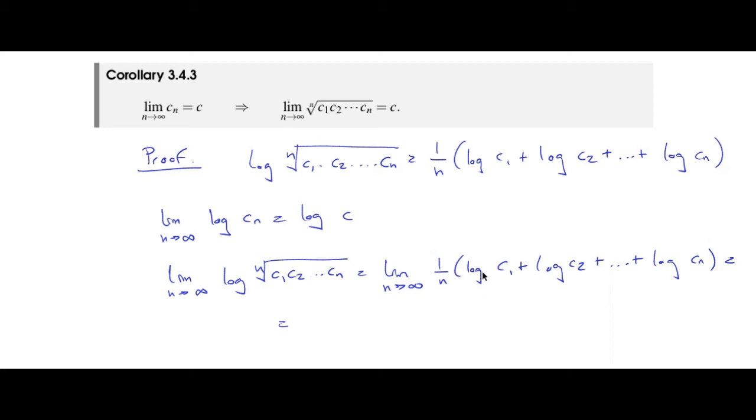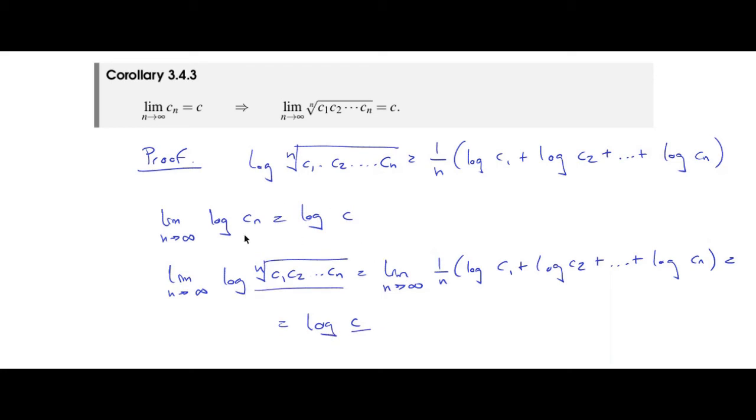If we have our previous sequence, now it's the logarithm of c sub n, it has a limit, the logarithm of c. So this limit is the logarithm of c. So the limit of this is c, okay? Because the logarithm is an injective function, right?